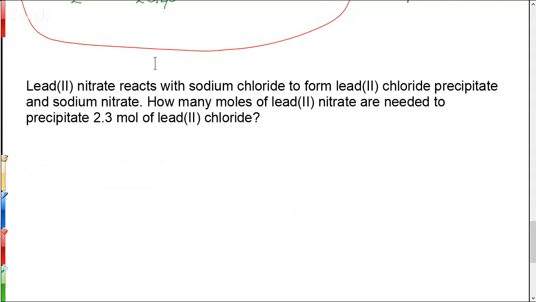So take a few minutes, work together with other people at your table if you want, see if you can build the balanced equation for this reaction, and then figure out how many moles of lead nitrate you need to precipitate 2.3 moles of the lead 2 chloride.